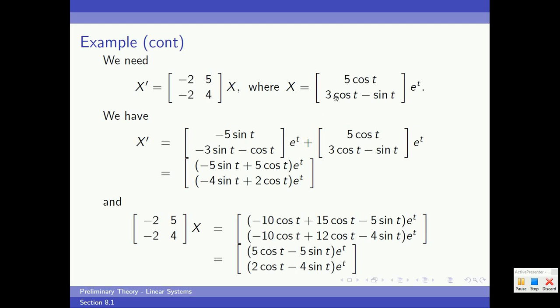When I do 4 times this one, that's 12 cosine t minus 4 sine t. So just join like terms. This gives me a 5 cosine t minus 5 sine t, and this gives me a 2 cosine t minus 4 sine t. If I look at these, they're just written in backwards, but they're the exact same thing. So my left-hand side is equal to my right-hand side, so it's a solution. So we verified it.